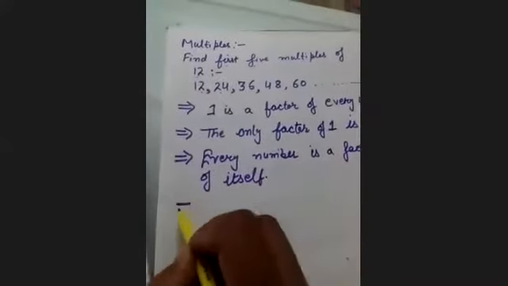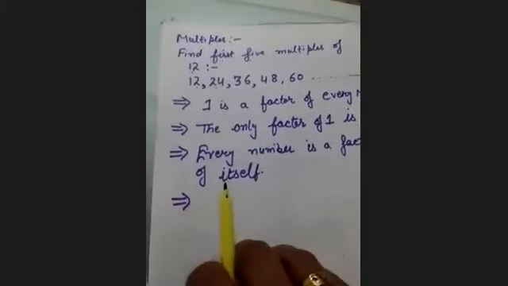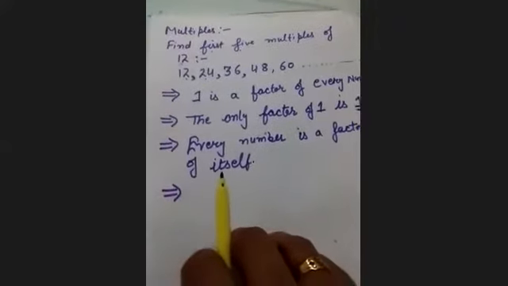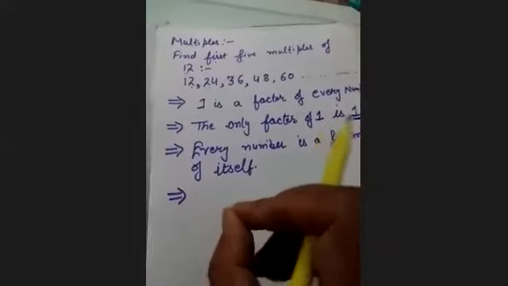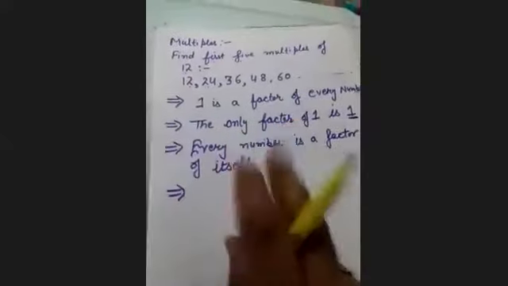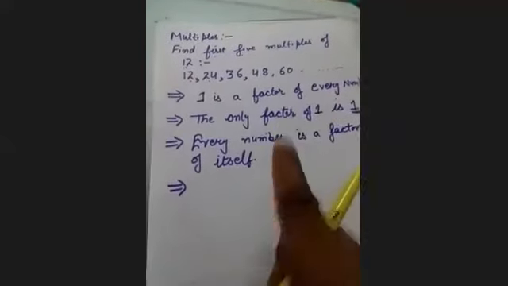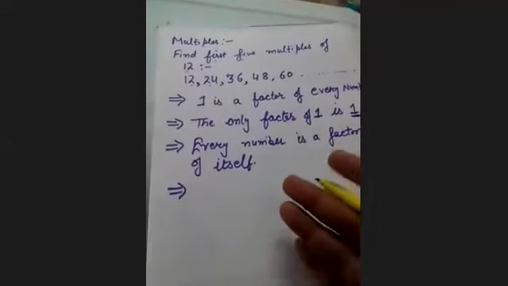Next, the fourth point is every number has at least two factors. First factor is 1 and second factor is the number itself.